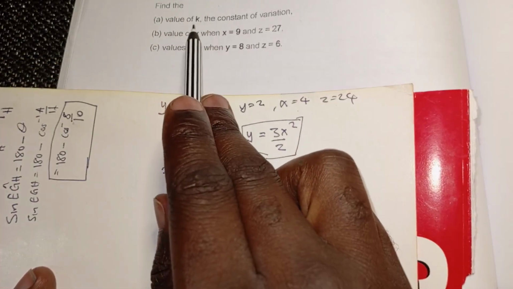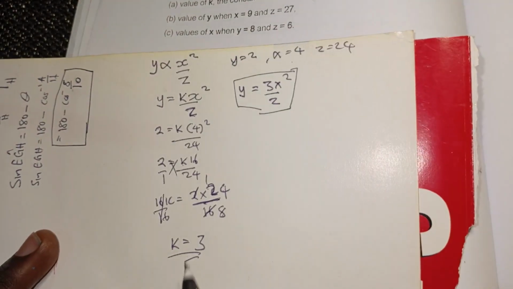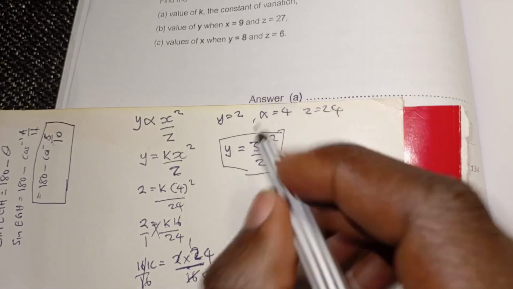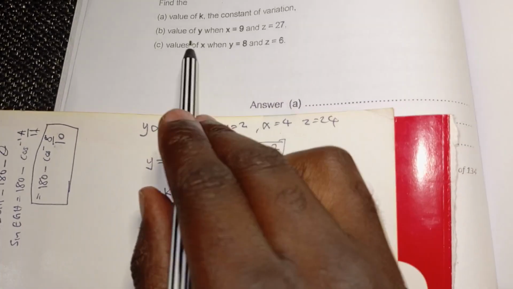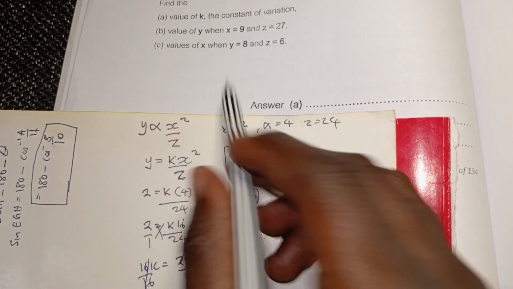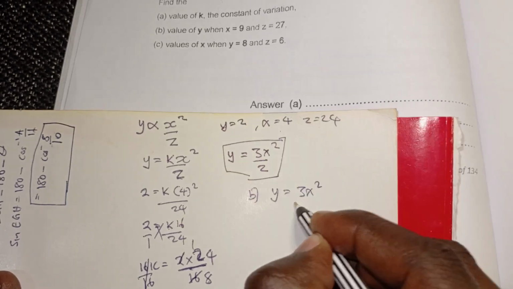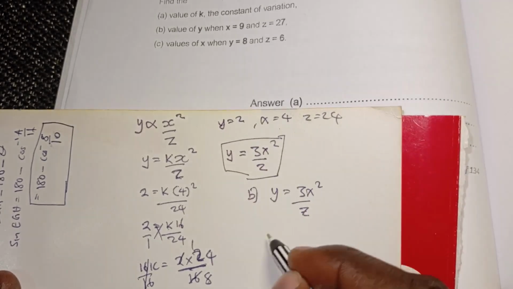So A says find the value for k. We've done that. Then B says find the value of y now. So y is equal to 3x squared over z.